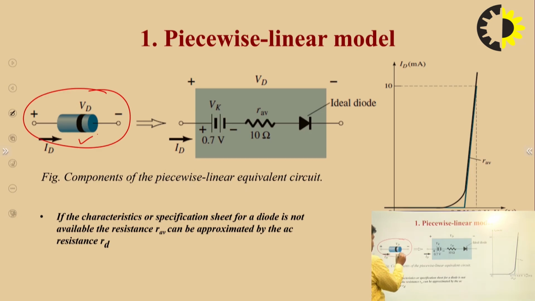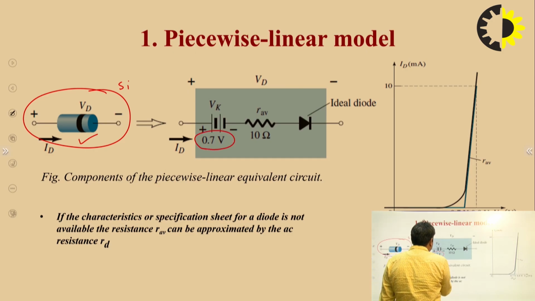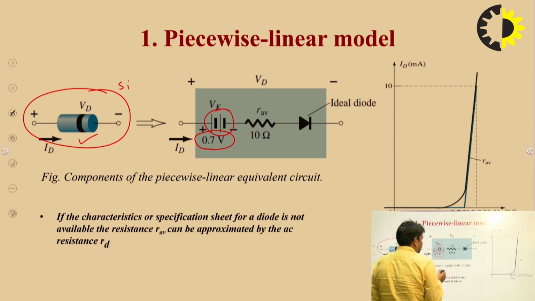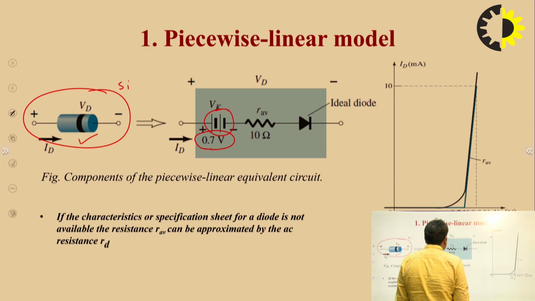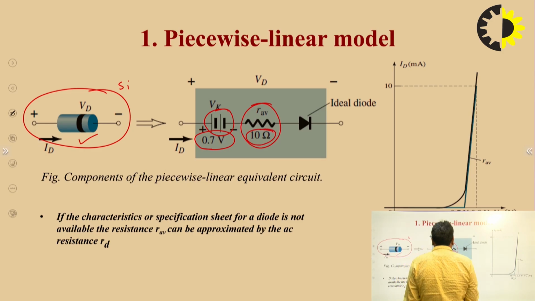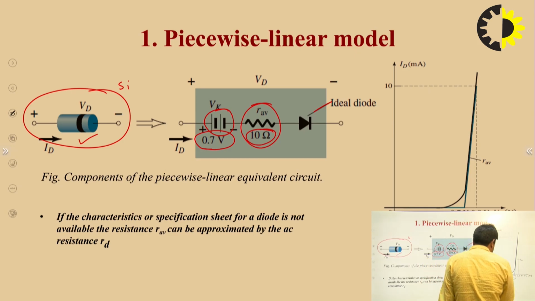This is a diode, and if this is a silicon diode, we model it by this cut-in voltage. This is the internal voltage that has to be applied to overcome the positive to negative ions, and this is the diode resistance in forward bias, which is very low, in the range of 10 ohm, and this is the ideal diode symbol.